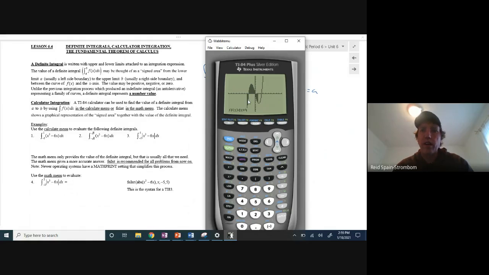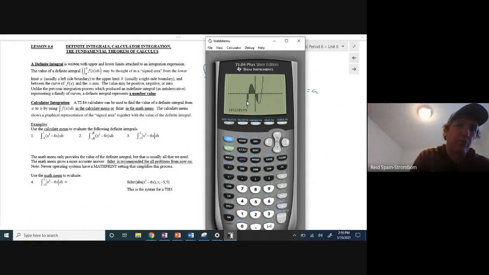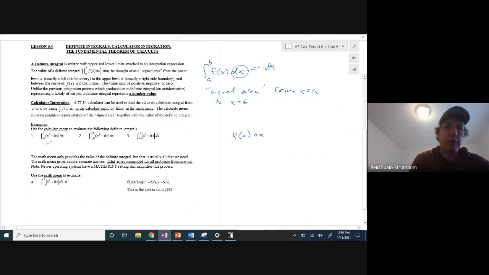If we're below the x-axis, that's going to be negative, and if we're above, it's positive. So this has a net area of positive 4. If we had more curve below the x-axis, we would probably have a negative area. Okay, so here we end up with positive 4, excuse me.